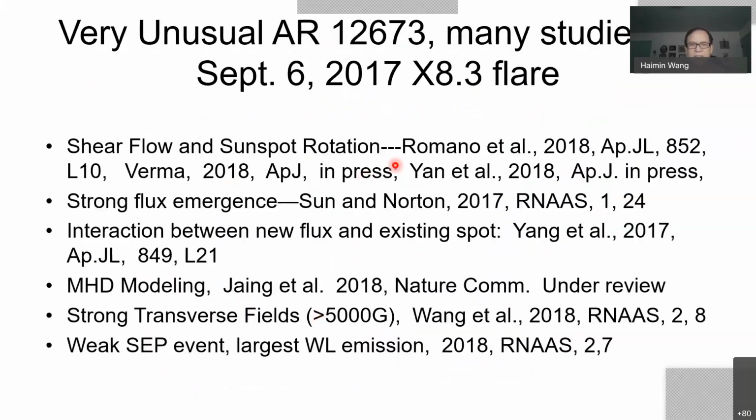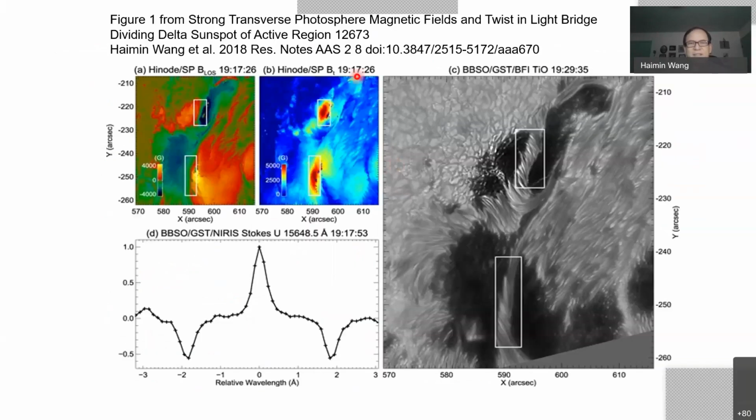Then I just want to show one slide. This is what we also found for the very famous active region in September 2017. Using the Big Bear data, we don't have to use a Stokes inversion. We just use the basic Zeeman splitting to measure the distance between separated Zeeman components.